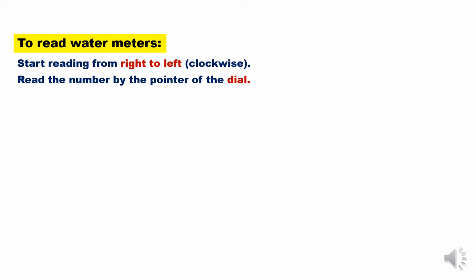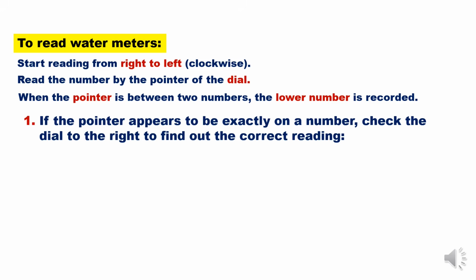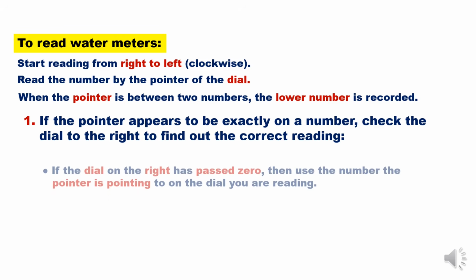To read water meters, start reading from right to left, clockwise. Read the number by the pointer of the dial. When the pointer is between two numbers, the lower number is recorded. If the pointer appears to be exactly on a number, check the dial to the right to find out the correct reading.